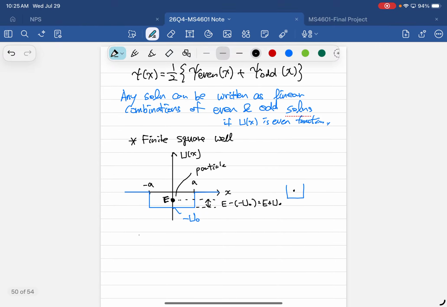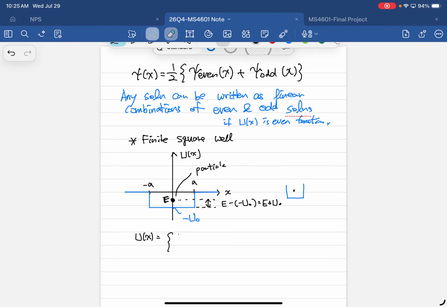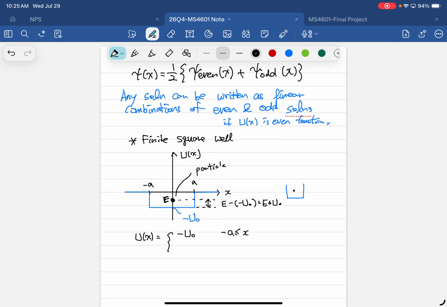And then here, the potential description is that we have minus U naught when X is greater than minus A and smaller than A, and the potential is 0 otherwise.